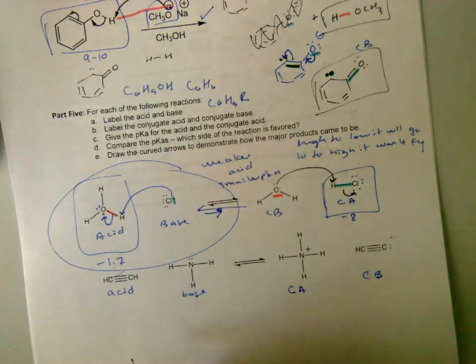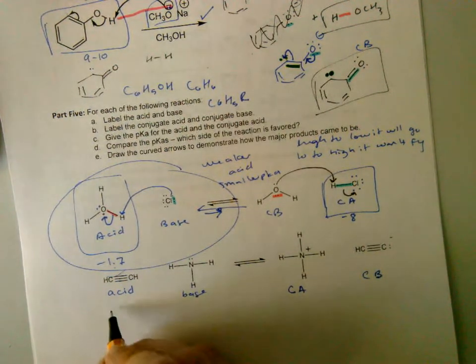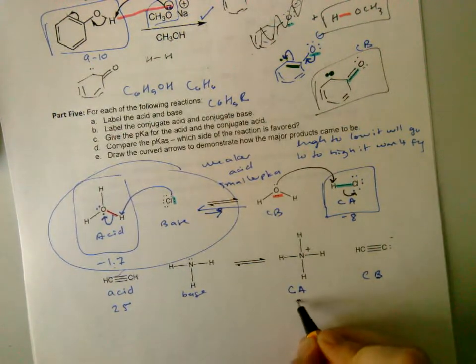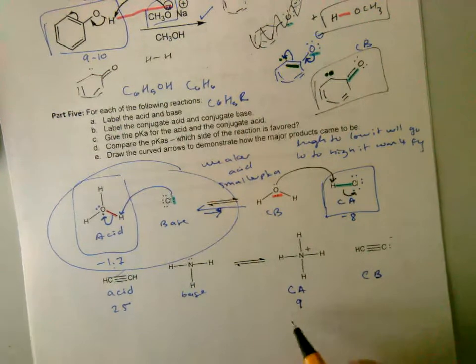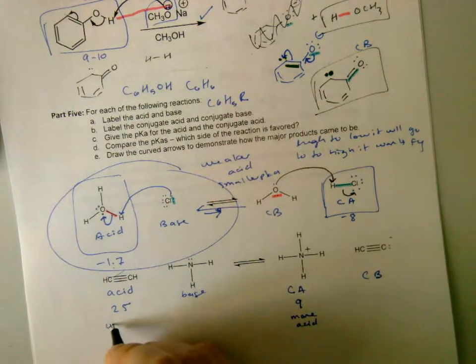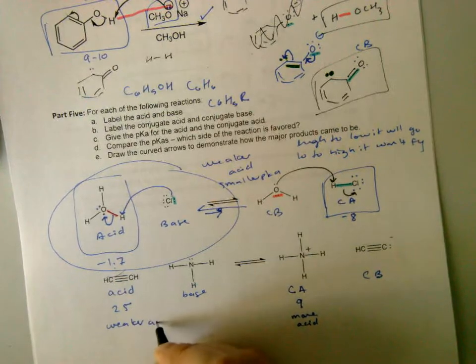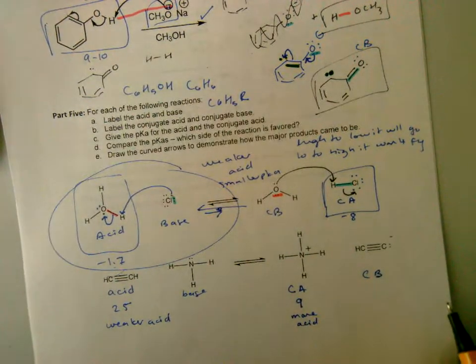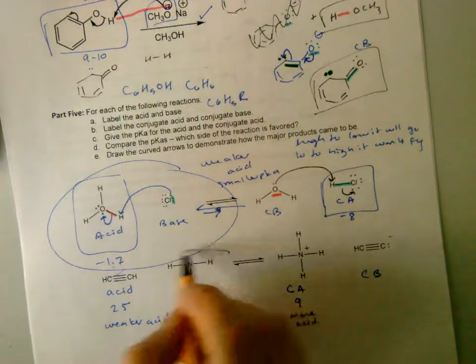So let's see, pKa of this is 25. pKa of this is 9. So this is more acidic. This is the weaker acid. Okay. So this side of the reaction is favored.